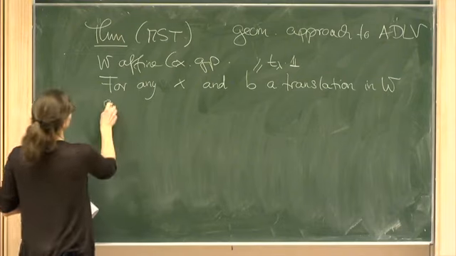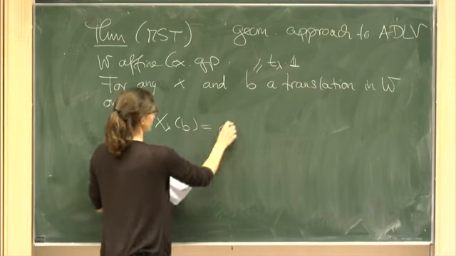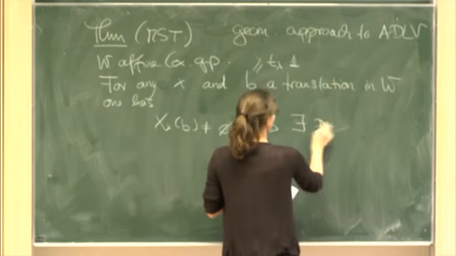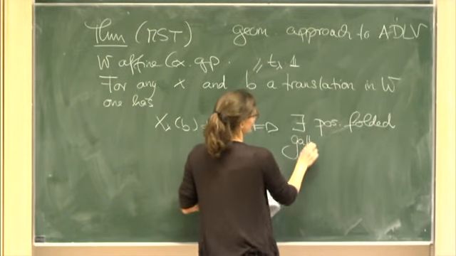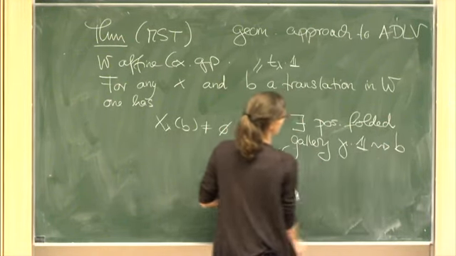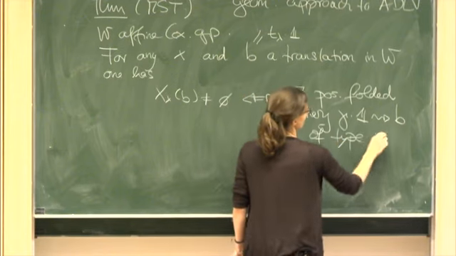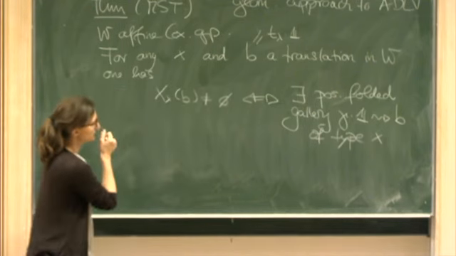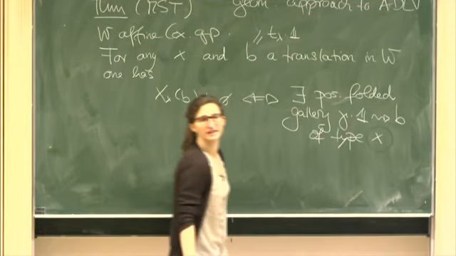We have that the non-emptiness of this variety is equivalent to the existence of a positively folded gallery gamma that runs from the identity to the translation b and is of type x. So you have your two Weyl group indices here, one of which determines the type of your gallery, and the other one the end chamber.